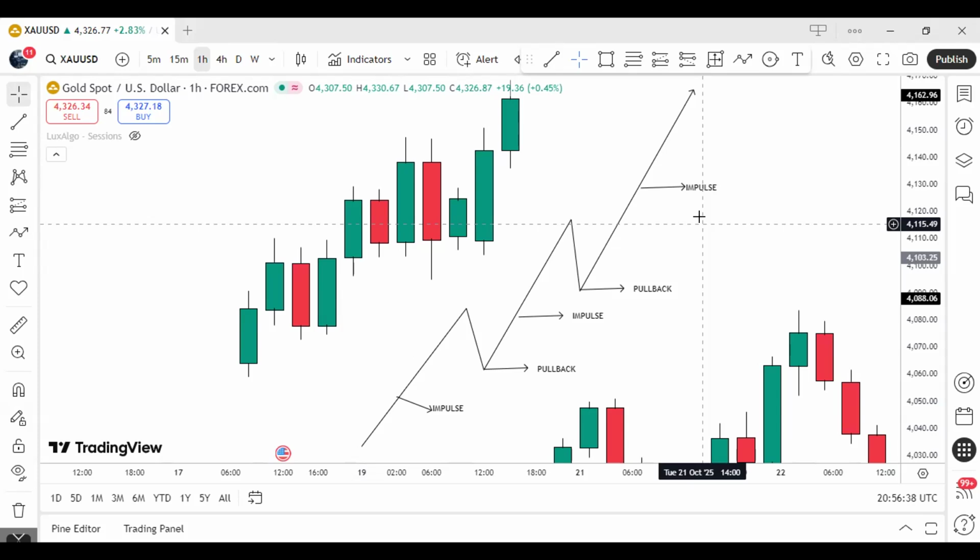Now, like I said, what is a pullback? A pullback is, in the case of an uptrend, when the subsequent candle takes out the wick of the previous candle, right?